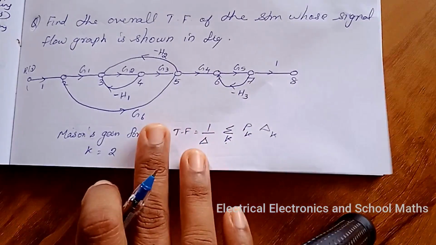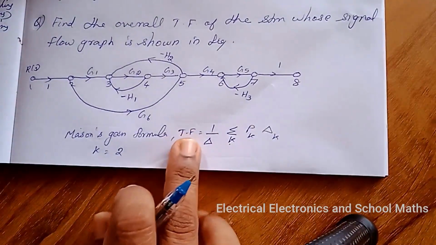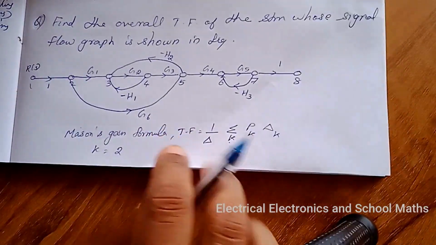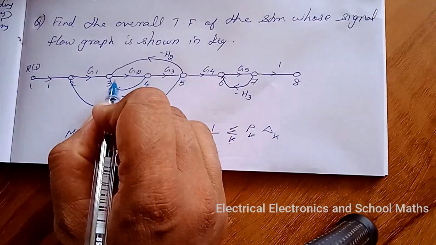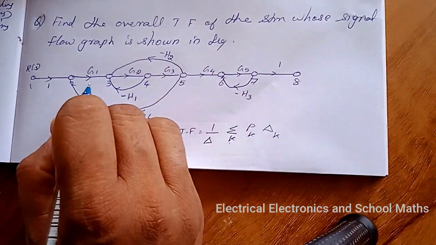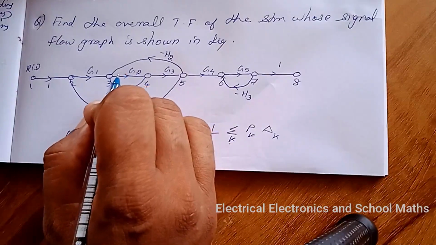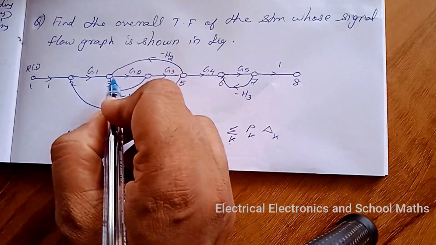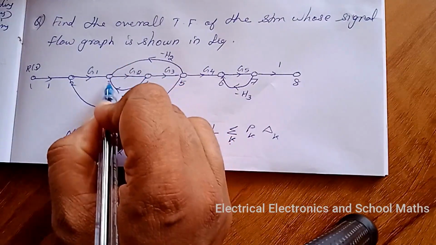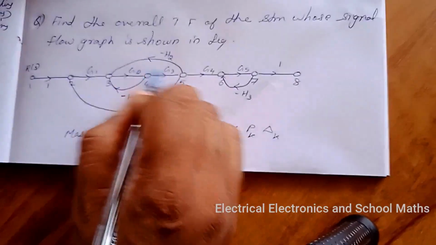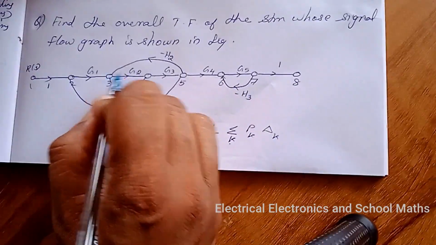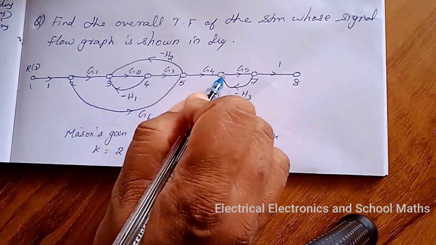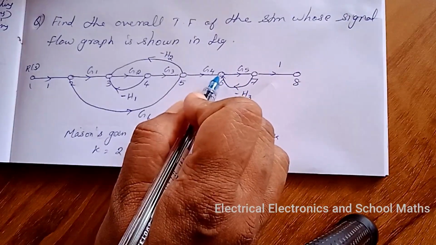Next we have to find the gain product of two non-touching loops. First we found the individual loops and gains; then we have to find the two non-touching loops. There are three loops, and out of these three loops, this loop and this loop are non-touching.